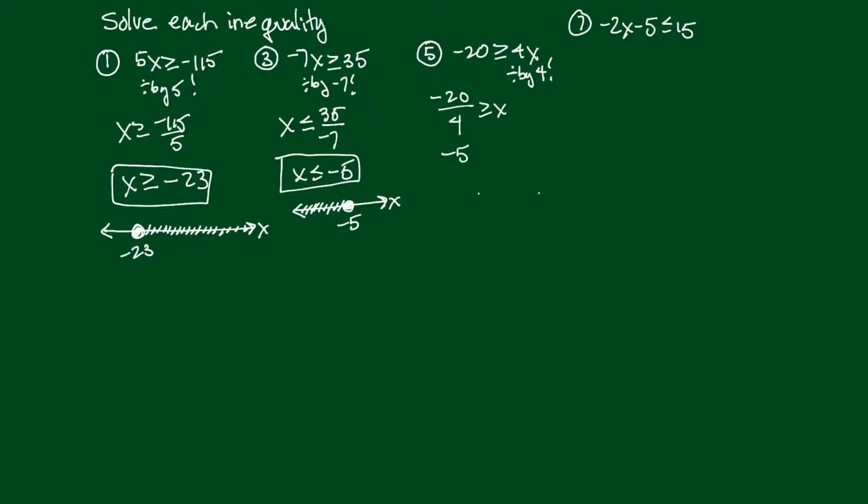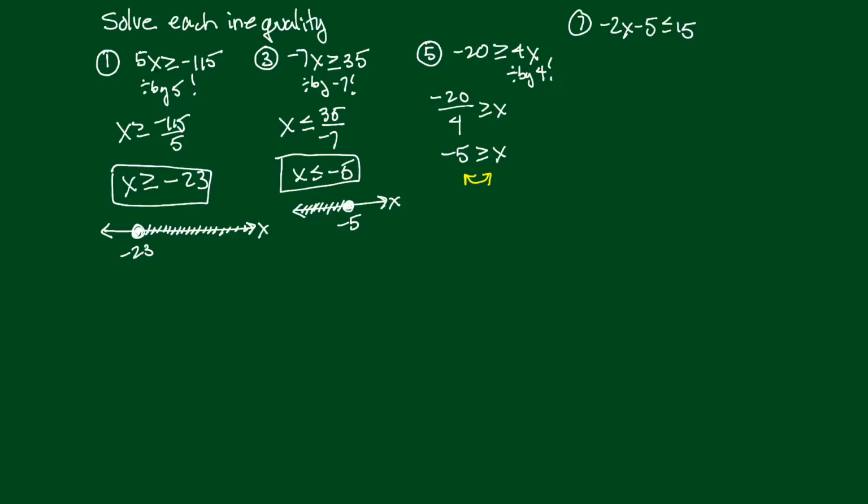So it says negative 5 is greater than or equal to x, but that's an awkward way to write this. That's sort of like somebody says, how old are you? And you say, well, 20 is greater than my age. That's just awkward. So I'm going to turn this around.